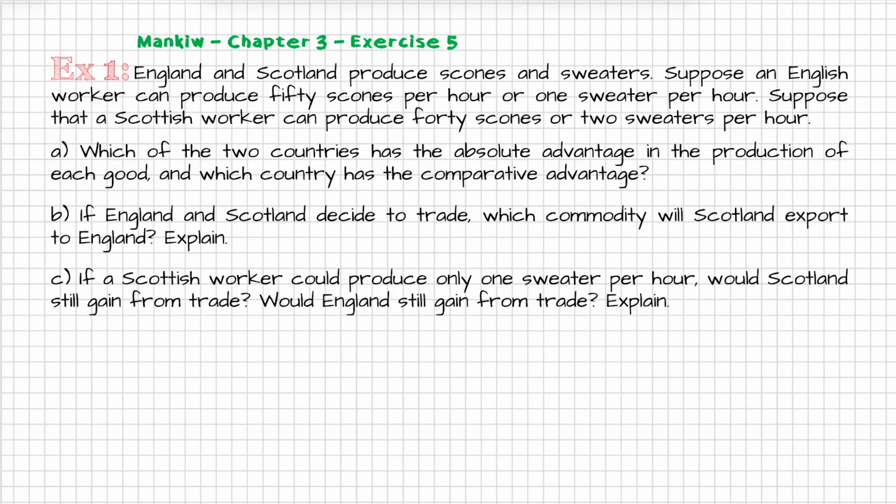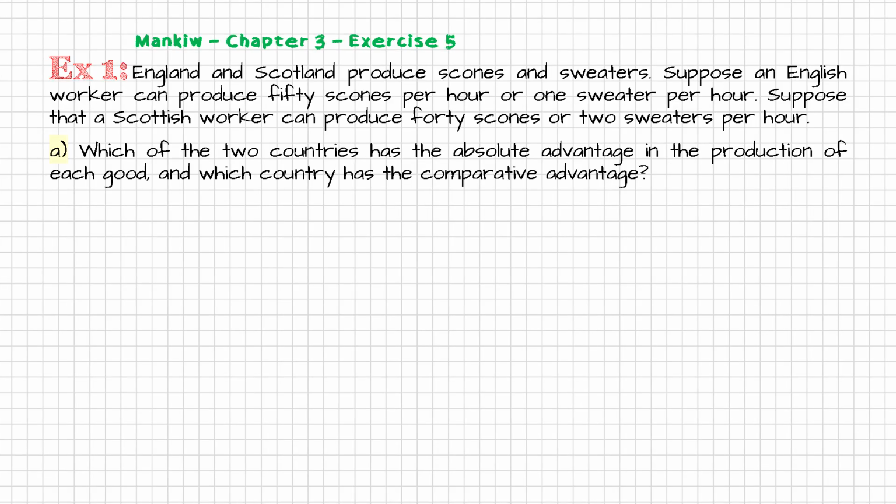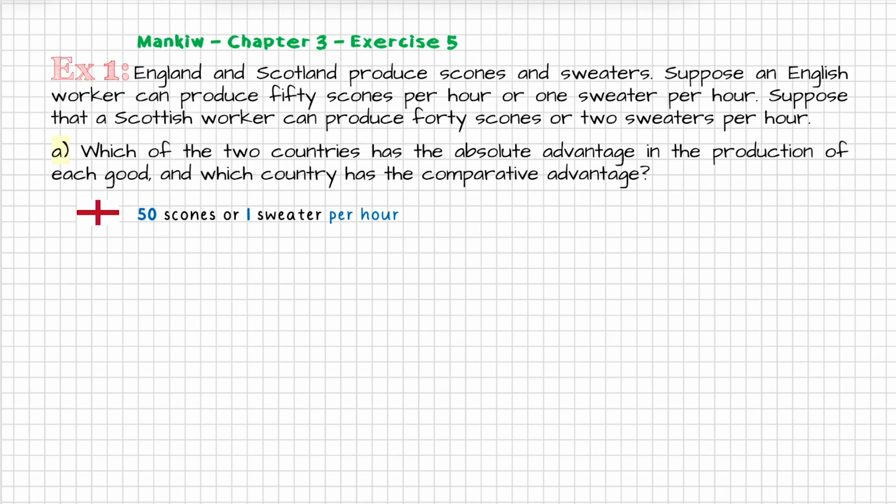Let's start with letter A. Which of the two countries has the absolute advantage in the production of each good, and which country has the comparative advantage? First, let's organize all the information we have. An English worker produces 50 scones, or 1 sweater per hour. A Scottish worker produces 40 scones, or 2 sweaters per hour.